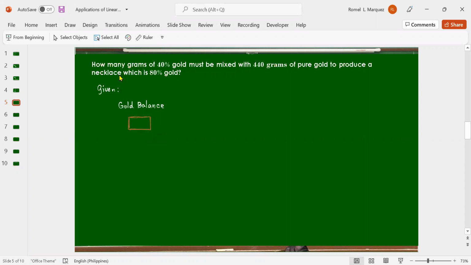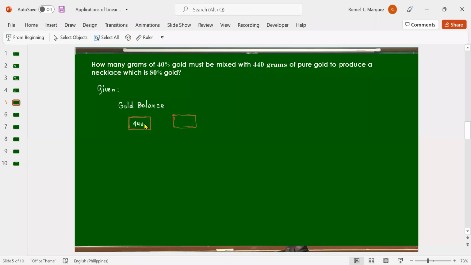So how many grams is this, children? 440 po, sir. 440, no? But this is 40% gold. How gold is it? 40% only. Then we want to add to it. What do we add, children?